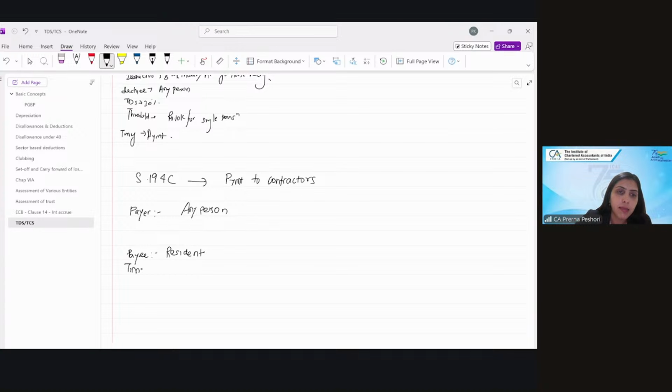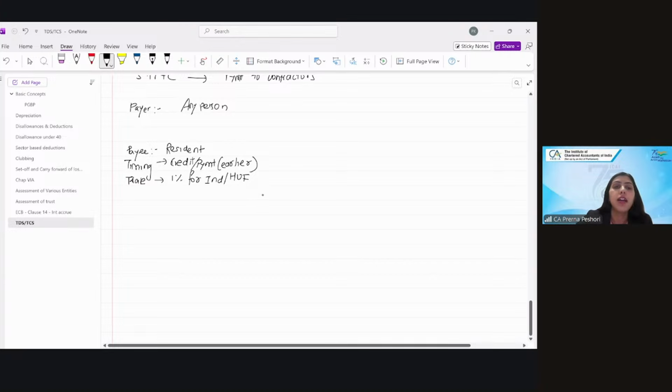Then timing, credit or payment, whichever is earlier. Rate, 1% for individual or the HUF, 2% for the others.